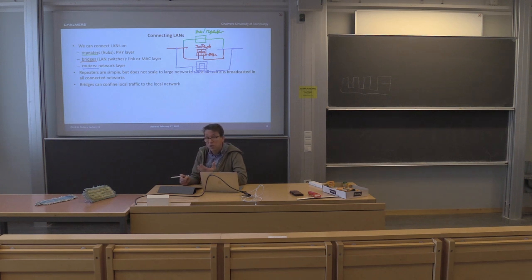But to keep it simple in this class, when talking about the switch, it will be a layer 2 device, which has a physical layer and a MAC layer, maybe also a data link layer. But anyways, a physical layer and a MAC layer, while a router would have a physical layer, a MAC layer, and a network layer.